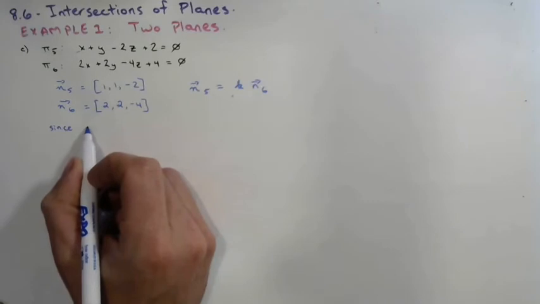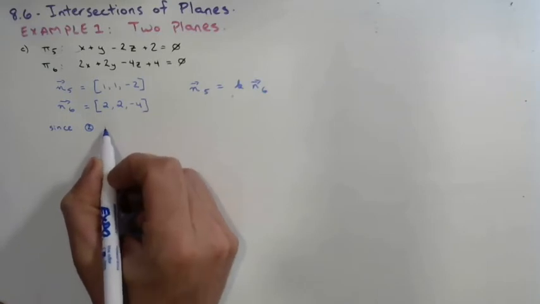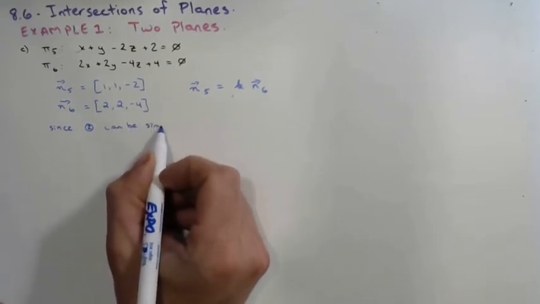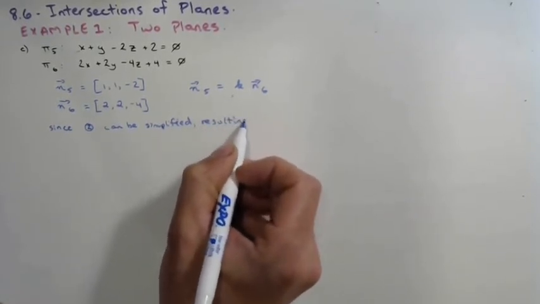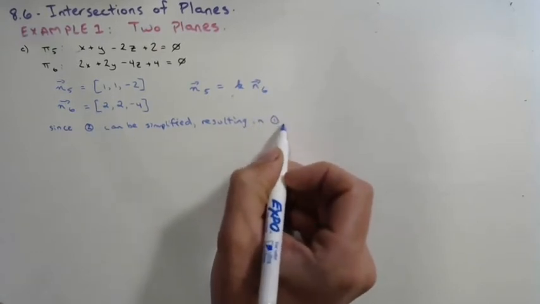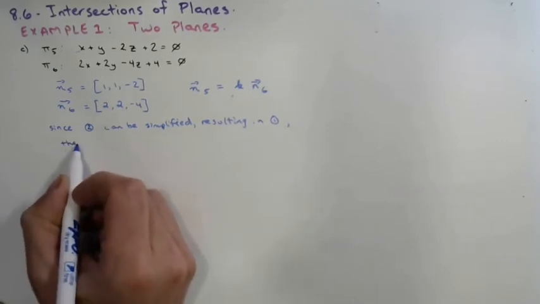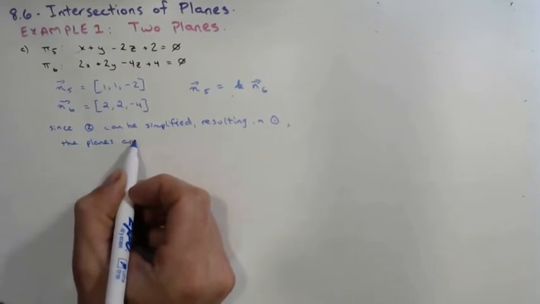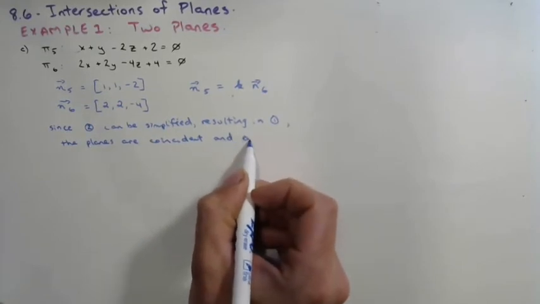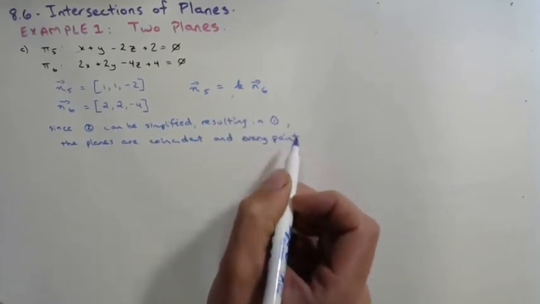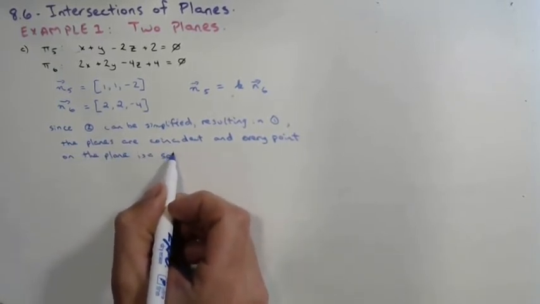Since equation 2 can be simplified, resulting in equation 1, the planes are coincident and every point on the plane is a solution.